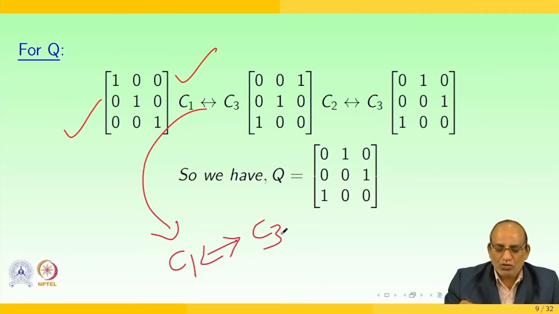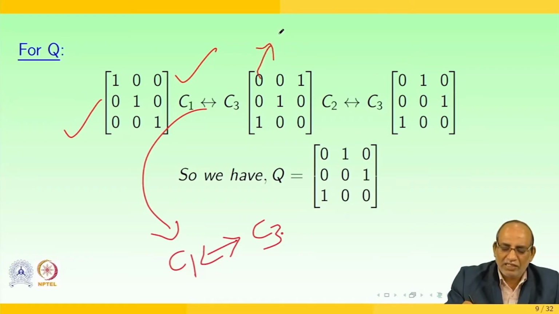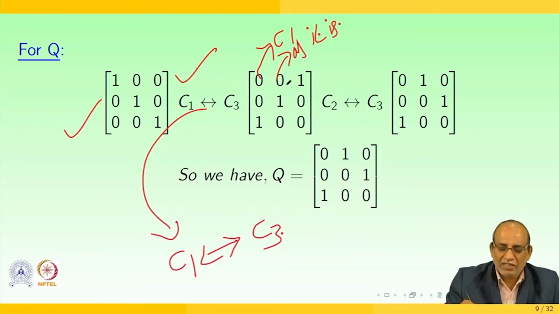That means 0 0 1, that is C3 replaced by C1. 0 1 0 will remain as it is. This 1 0 0 is the column C3, which is nothing but C1 of the matrix. Again I do C2 C3, where the 1 will remain as it is.